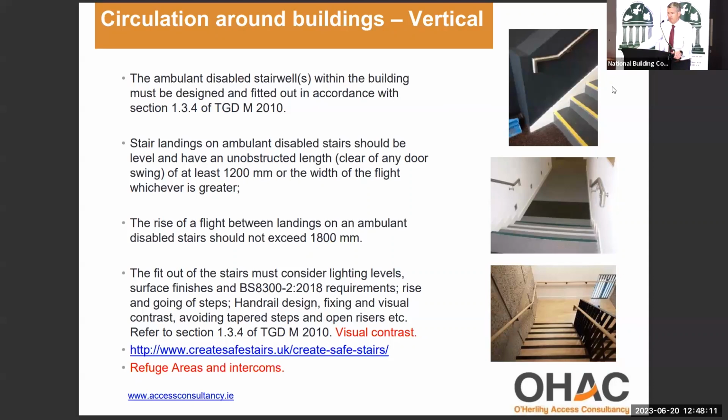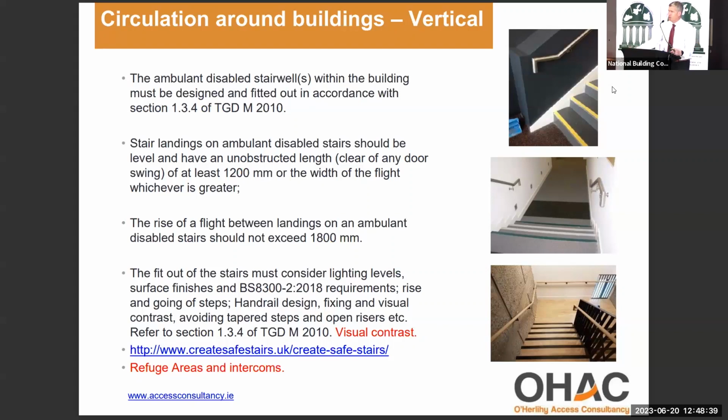Other things, like visual contrasting nosings, need to be correctly designed. There's also a circular from the RIAI, the Royal Institute of Architects of Ireland, saying that the nosing needs to be on the front of the step, so it can't be offset by 50 mil or anything like that. Handrails: we always recommend people mount the handrail inside the balustrade rather than on top of it, because it avoids all the goosenecking.